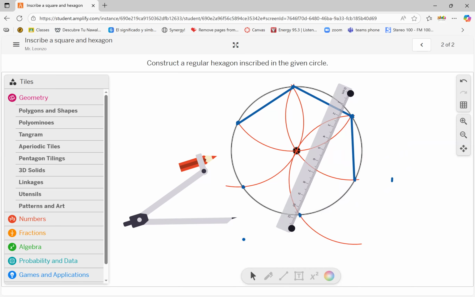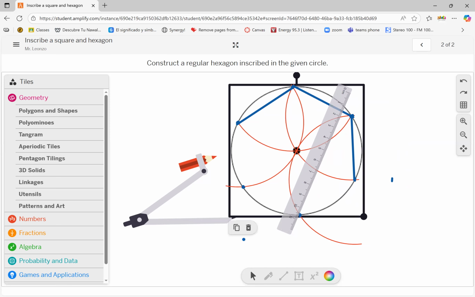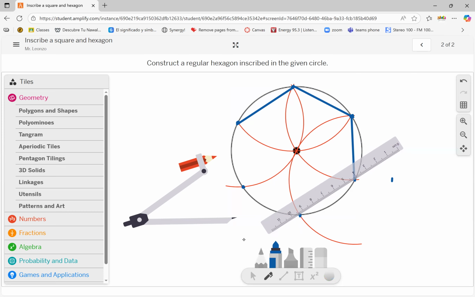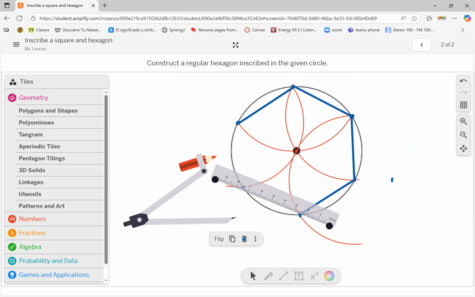Let me rotate my ruler here. The ruler is what I'm trying to move. Yep, seems like I'm there. Connect these points.